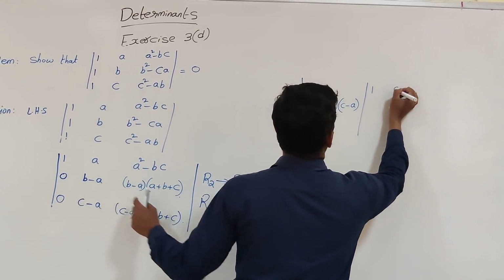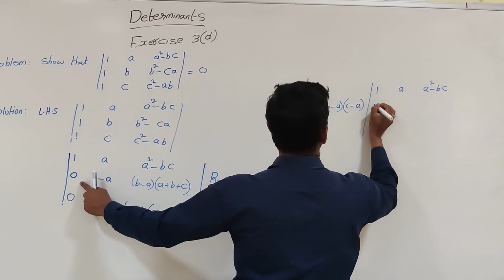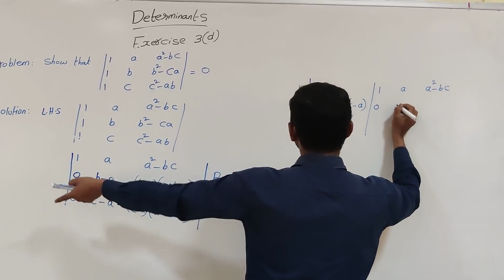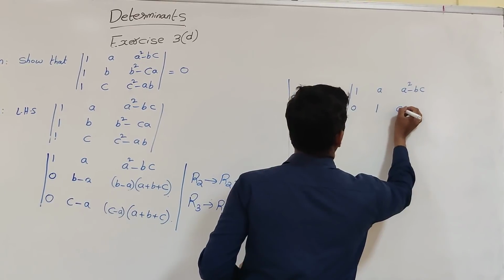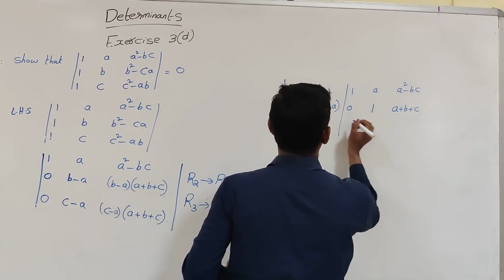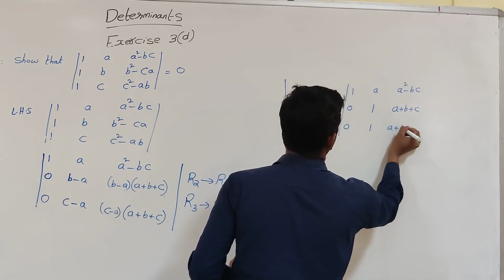First row will be as it is, 1, A, A square minus BC. Next 0, B minus A means 1, already B minus A is out, so it will be A plus B plus C. Next, C minus A is out, so 0, 1, A plus B plus C.